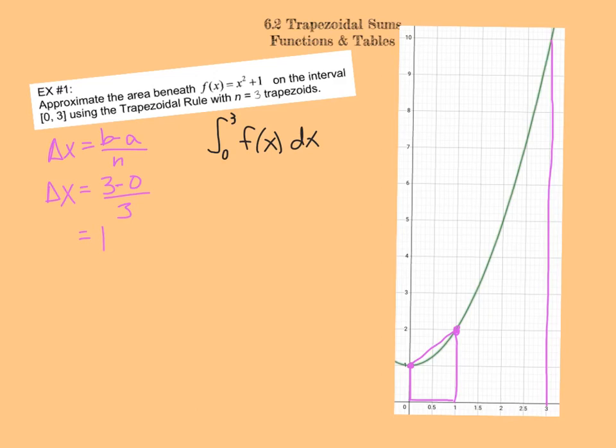So this is going to end up being an overestimate, but not too severe. Okay, so let's take a look at our first trapezoid and let's figure out the area of that trapezoid. So I'll call this our first T. Remember, the area of a trapezoid is 1/2 delta x times your first f value plus your second f value, right?